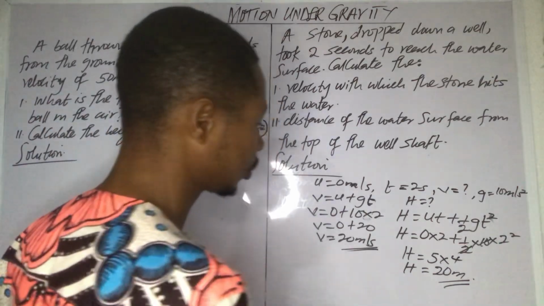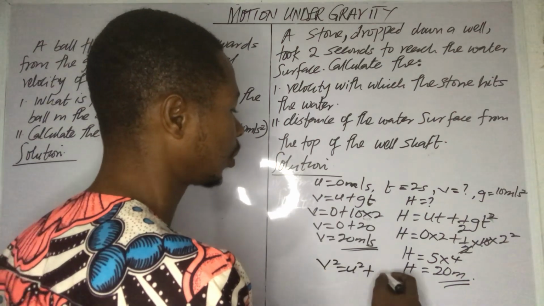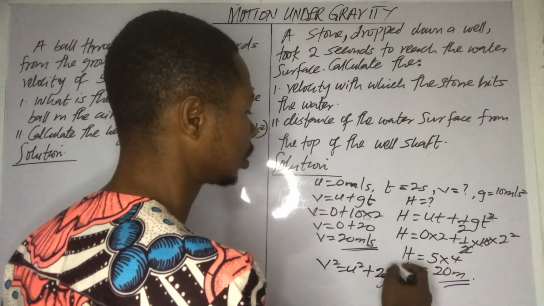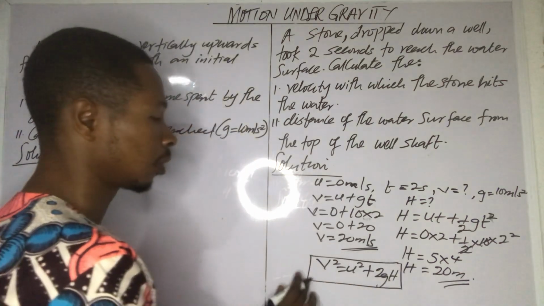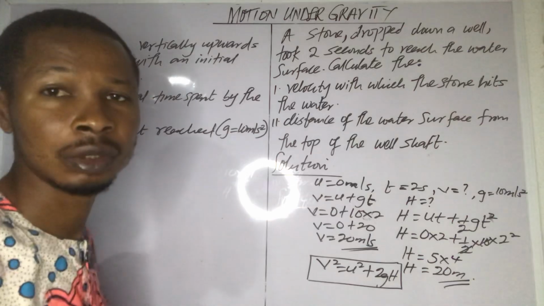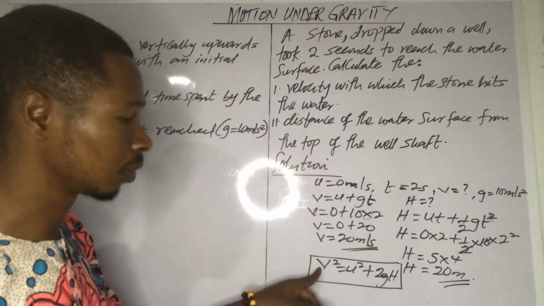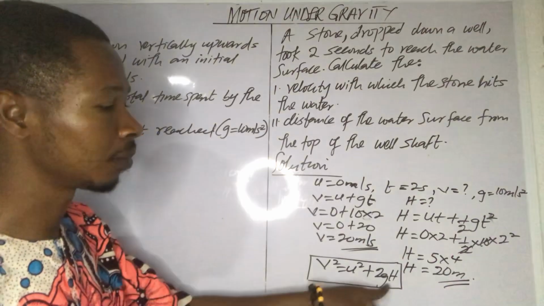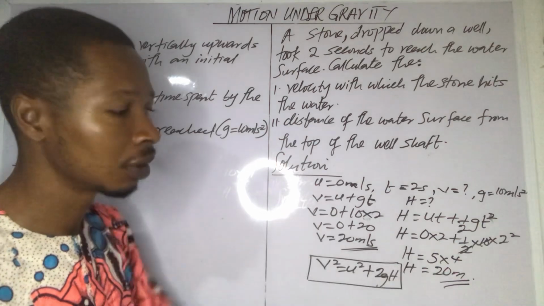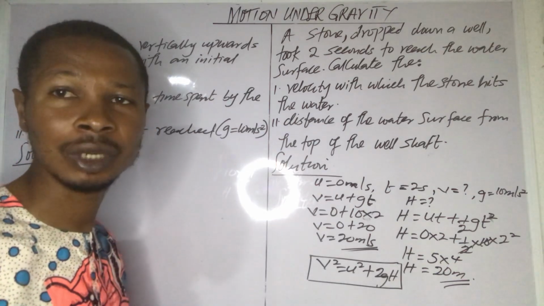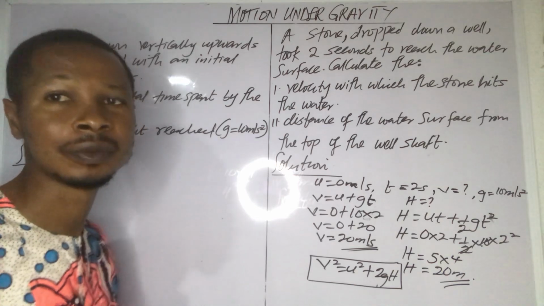Using the third equation of motion, which is v squared is equal to u squared plus 2gh. Use this equation for this question. You arrive at this because you have v squared now. Use this one, u is 0, 2 times this, then you have this. It will still give us this 20 meter per second. You can try it. Drop your answer in the comment section and see.